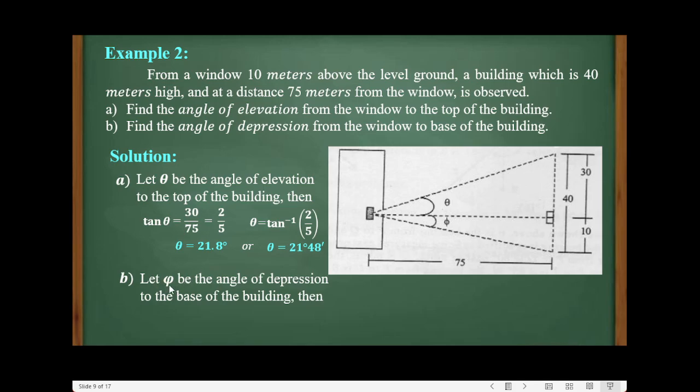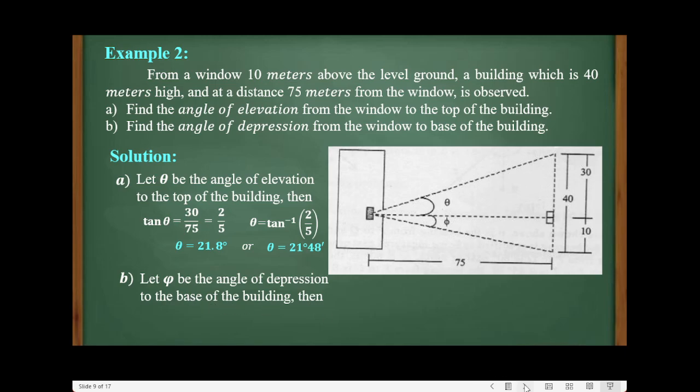Okay, let's just assume that this is P. So let P be the angle of depression. I'm not so sure about the symbol if that is P, but let us assume that this symbol is P. So again, let P be the angle of depression to the base of the building.